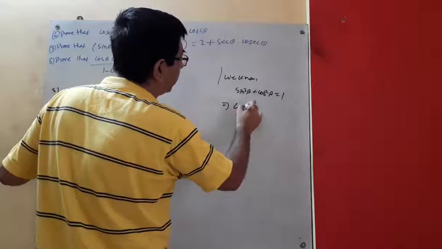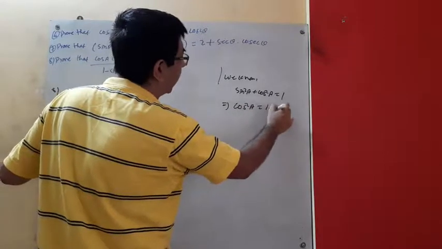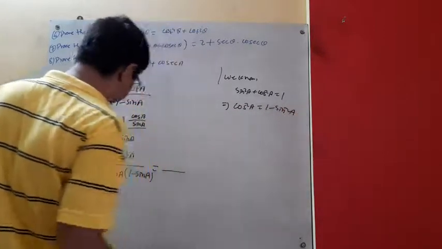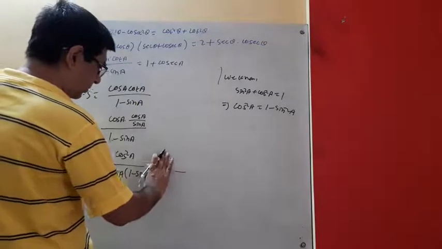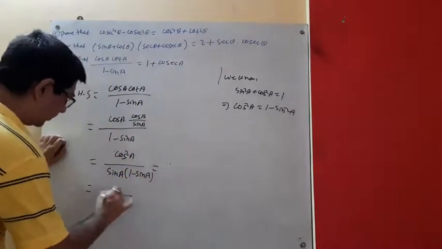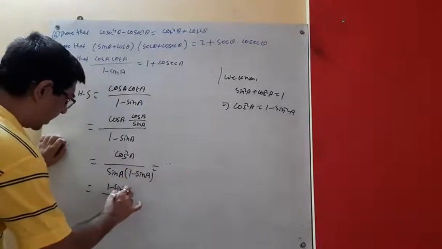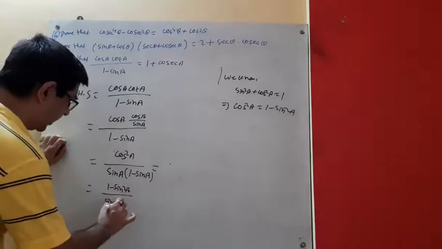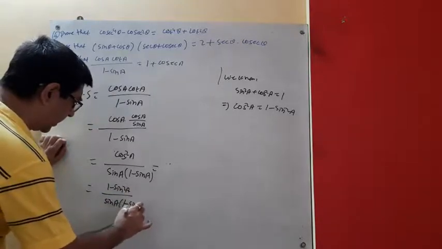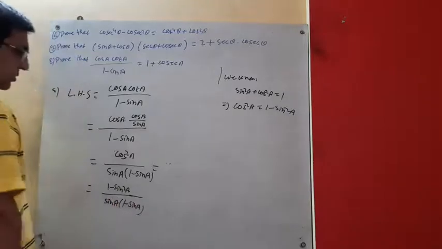So that implies cos square A equal to 1 minus sin square A, right? This is 1 minus sin square A by sin A into 1 minus sin A. But this one not cancelled, right?